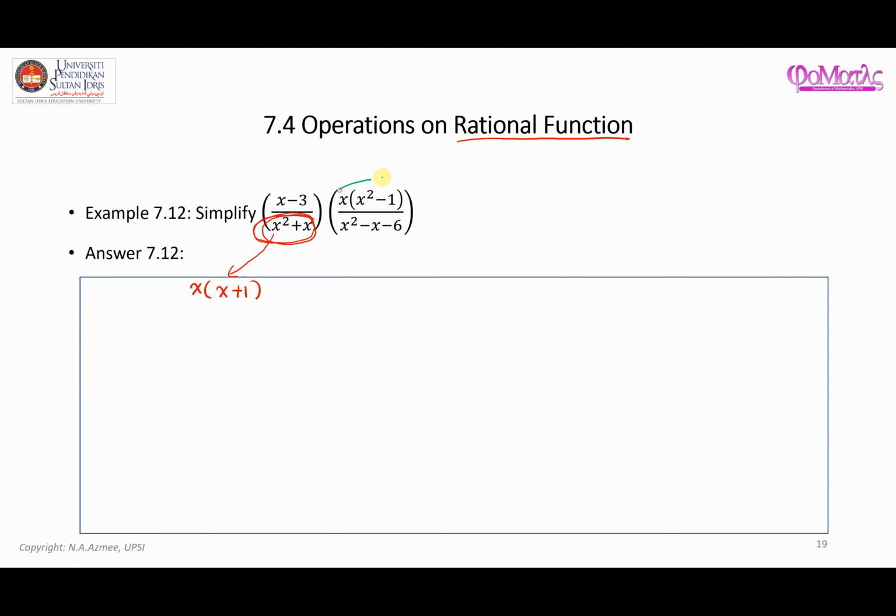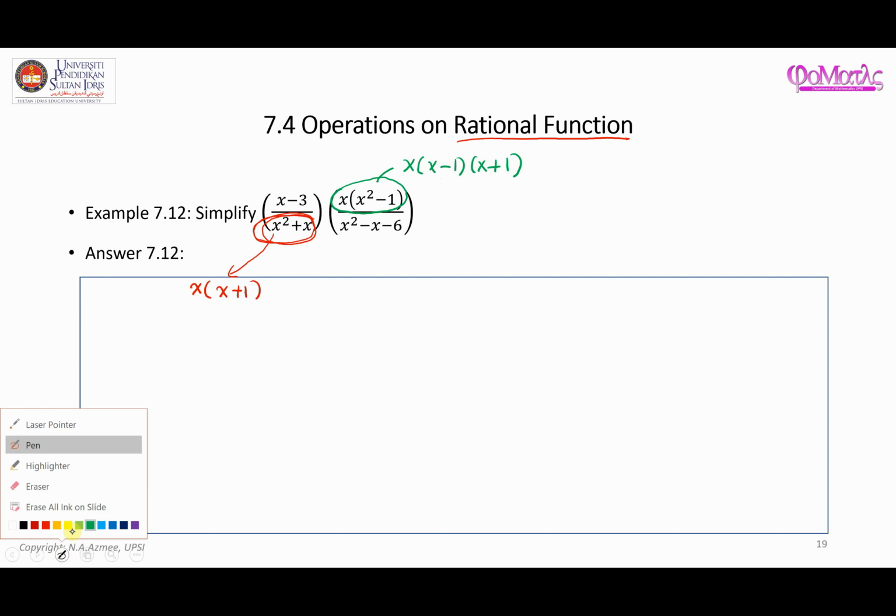Well, for this one, this can be written as x, and we know that x squared minus 1 here can be written as x minus 1, x plus 1. If you don't know what I'm doing, maybe what you can do is expand this and see that you will get back x squared minus 1. So let us try and do that.